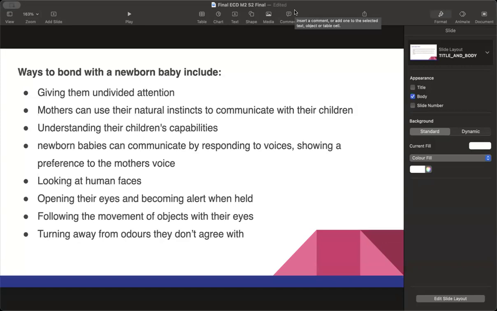Lirato, in your own experience, what would you say on this page is something that you can relate to with regards to bonding with a newborn baby? Oh, yes. I've got two kids. They are now 5 and 8.